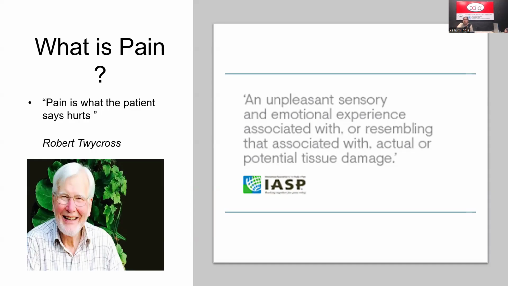Is there any visible tissue damage there? No. But the patient is having burning pain. Some of you were telling burning sensation, right? Why are they having that sensation? Because of the nerve damage, right?